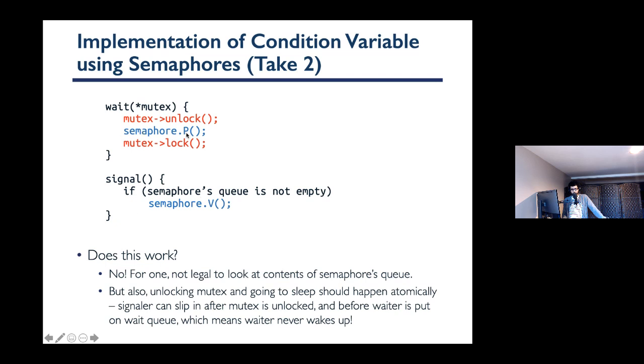Then we come back and call P and we go to sleep forever. Nobody is here to wake us up again. So that's the problem. You shouldn't be unlocking and then calling P. That causes problems, which is, I think, what the question on Piazza was doing, similar to this.